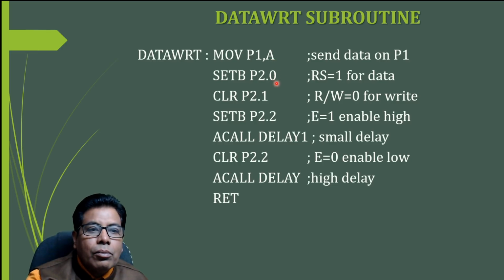Then for port 2, now this is the data, so we'll have to make RS 1. So port 2.0 is connected to RS, so we'll set the bit P2.0.